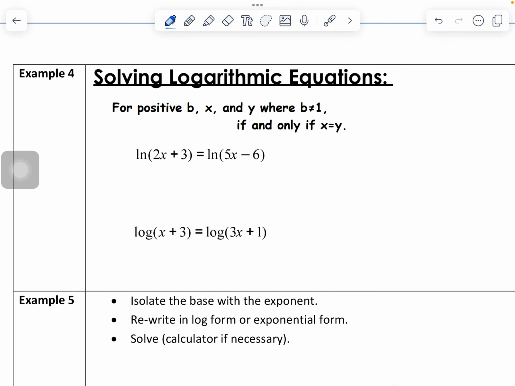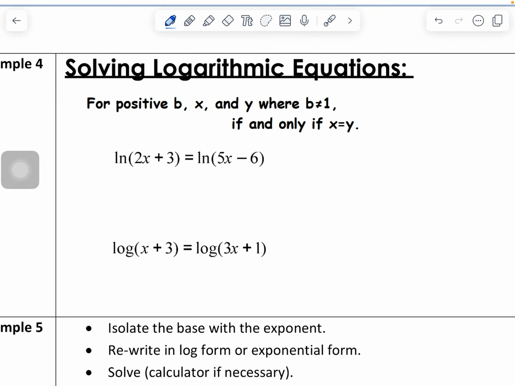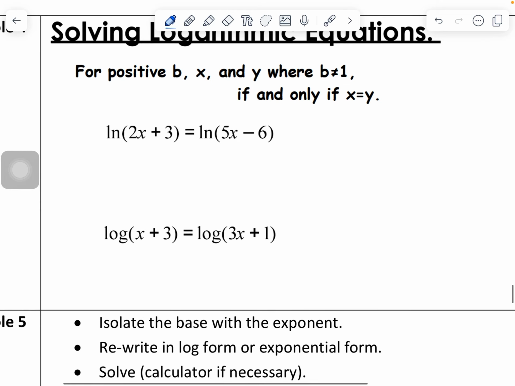The same is true for logarithms that have the same base. If they are equal to each other, you can just take the pieces inside the parentheses, if you want to think of it like that. But if we know that we have a natural log, we assume that the base is e for both of them. Therefore, this part of the log has to be equivalent on both sides.